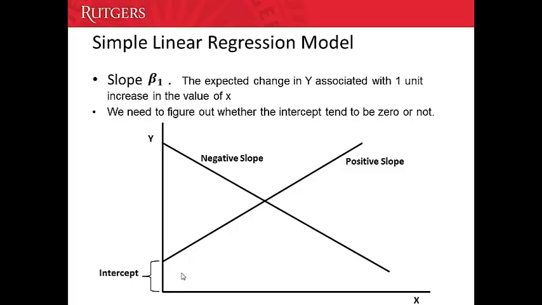If x sometimes equals 0, the intercept is simply the expected value of y in that situation. But if x never equals 0, there's no meaning for the intercept because it doesn't tell you anything about the relationship between x and y.